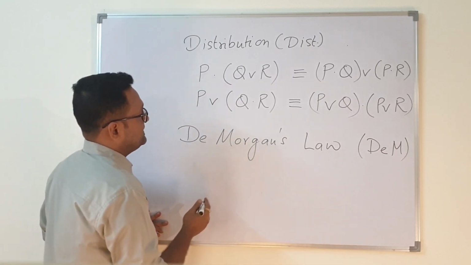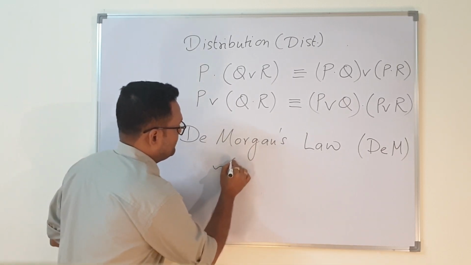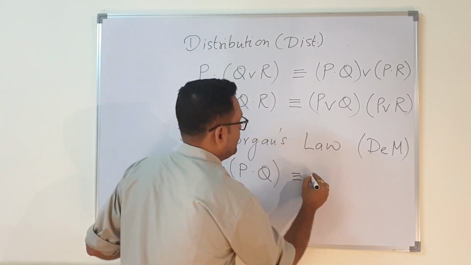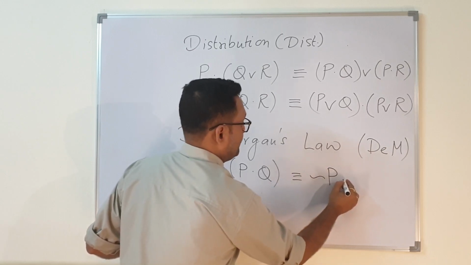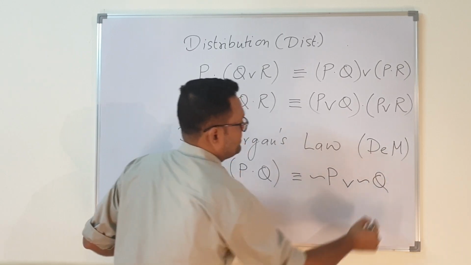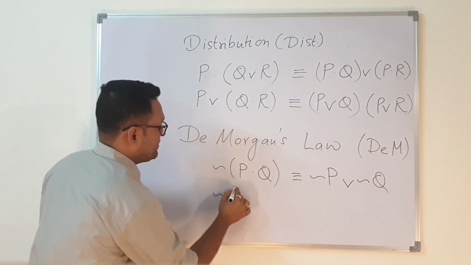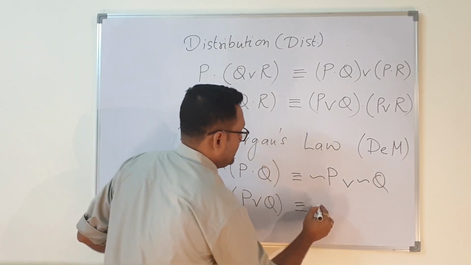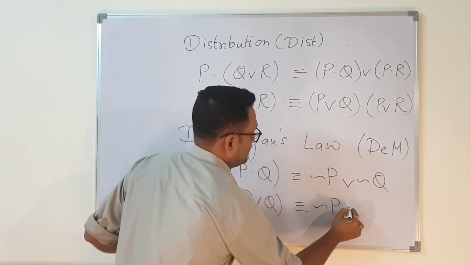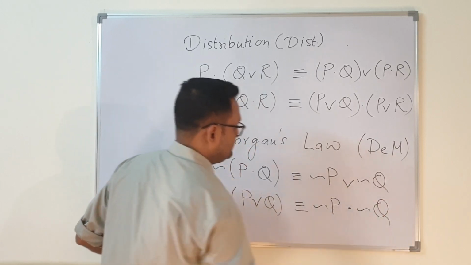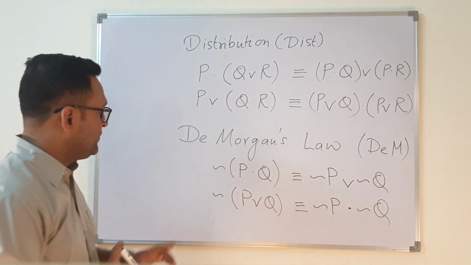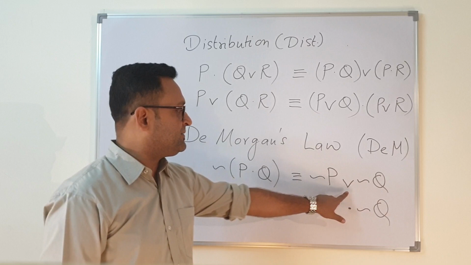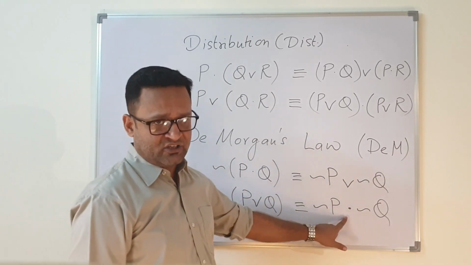It says that if you have negation of P dot Q, then it is equivalent to negation of P wedge negation of Q. Similarly, if you have negation of P wedge Q, it is equivalent to negation of P dot negation of Q. So you know that whenever we operate the negation inside the bracket, the conjunction is changed into disjunction and the disjunction is changed into conjunction.